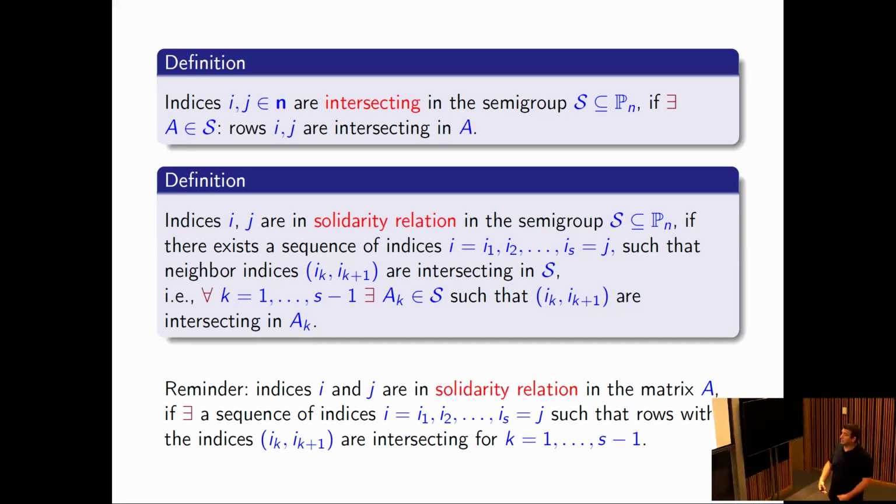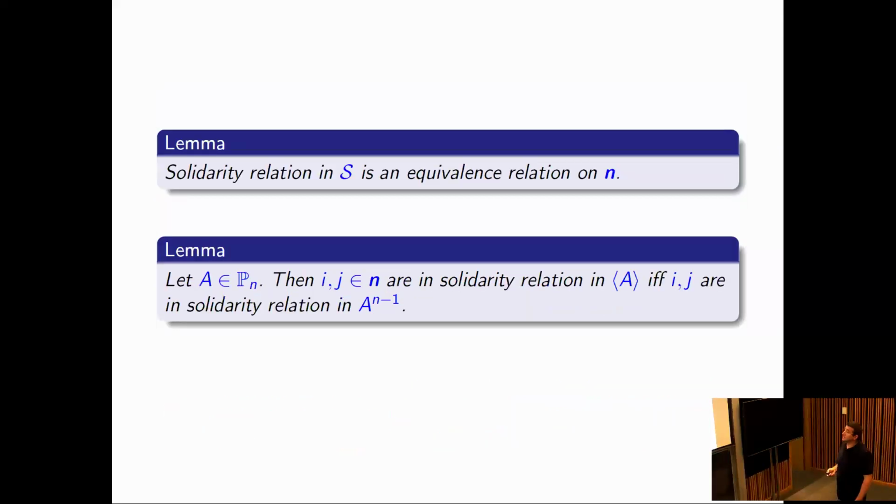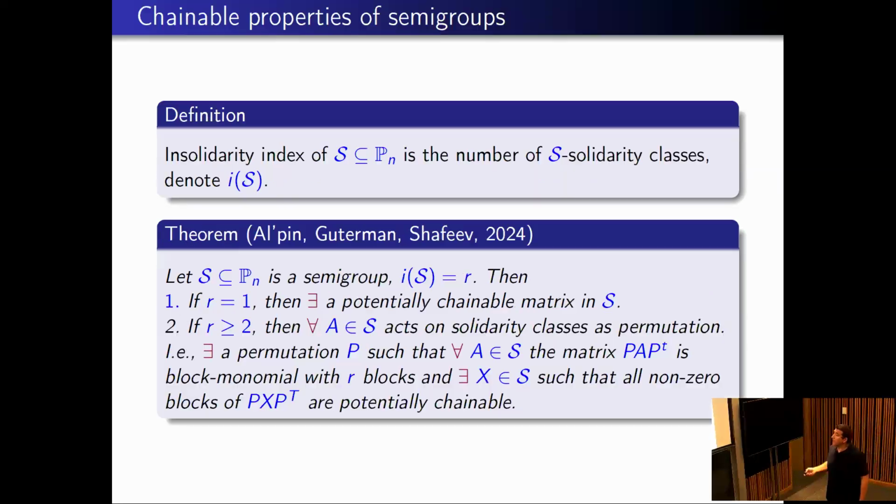So again, this is a certain equivalence relation on the partition, and two indices are in solidarity relation exactly in the case when in the corresponding cyclic semigroup we have the solidarity relation for these indices in the power n-1 of the generator.